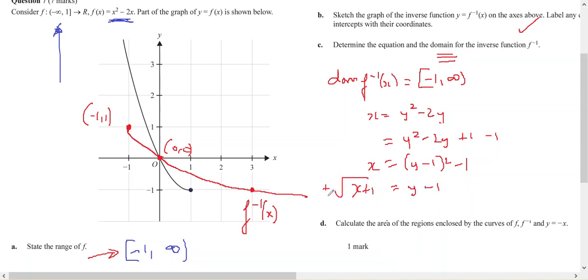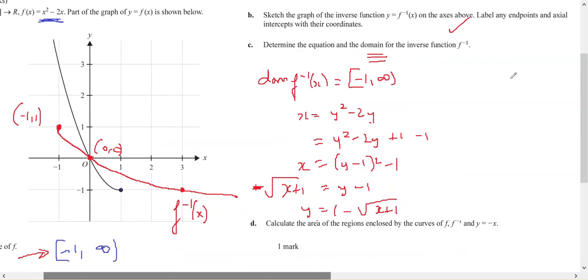I want the positive square root because I know my range. No, I want the negative square root because I know this is going to have a maximum of 1 and then go down. So y equals 1 minus the square root of x plus 1. Therefore, f of -1 of x is going to be 1 minus the square root of x plus 1.